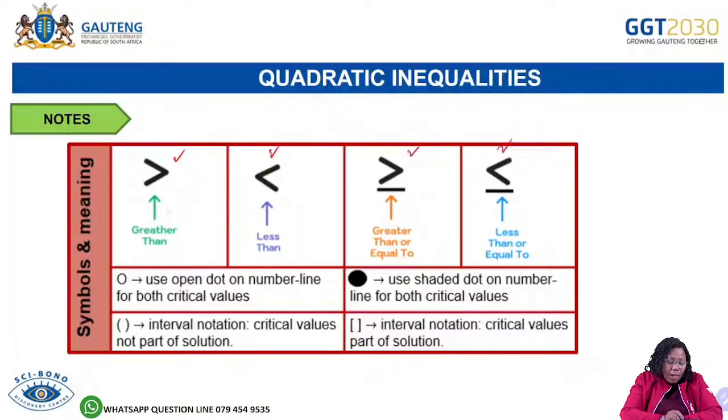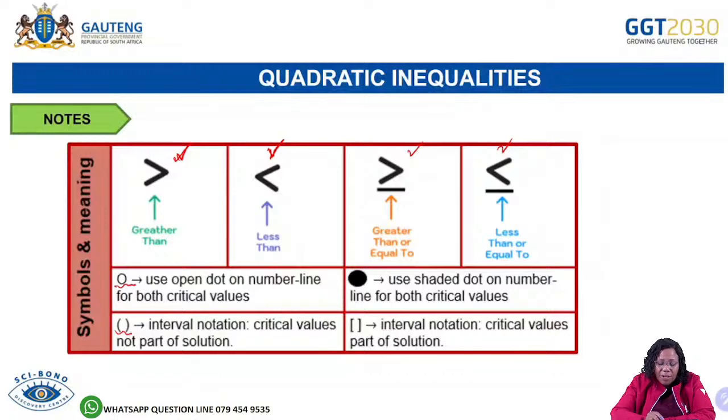Now, the symbols that we are using now, if we are having an inequality sign, either being greater than or less than, as you can see, these ones are not having an equal sign below. Therefore, you use an open dot on the number line for both critical values. I'm going to show you when we are doing an activity on this. And then also the notation for this is round brackets when you are noting your solution, because there is no equal sign.